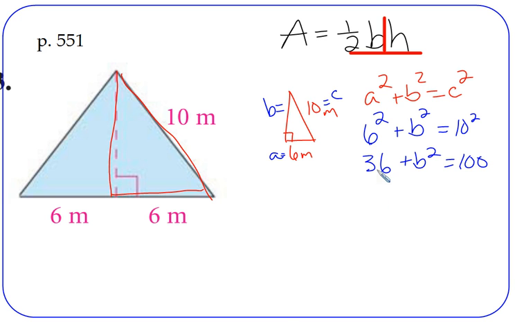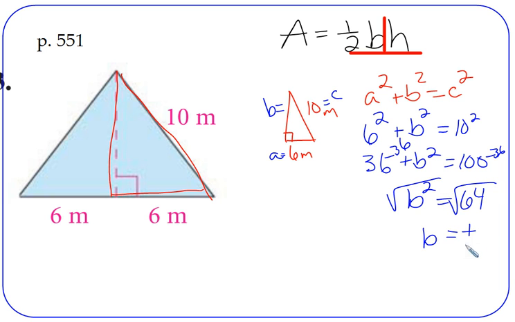Okay, and I subtract 36 from here, minus 36 from here. B squared equals 64, and take the square root of both sides. B equals a positive or a negative 8. However, since we are dealing with distance, we don't have to worry about this being negative. It is just a positive 8.